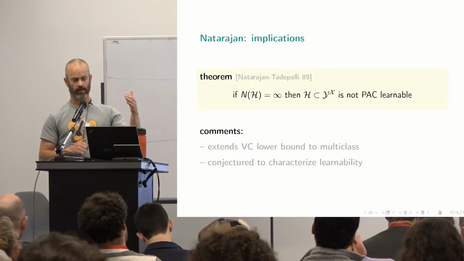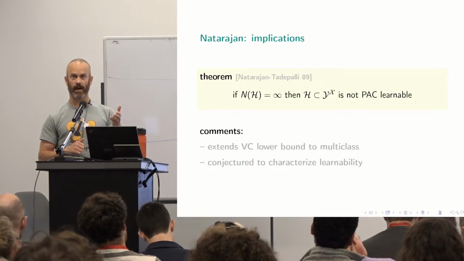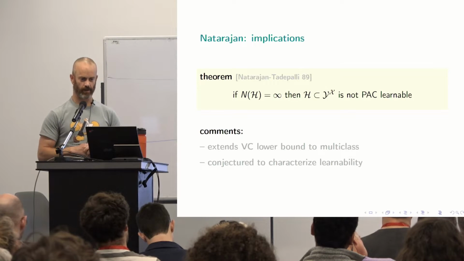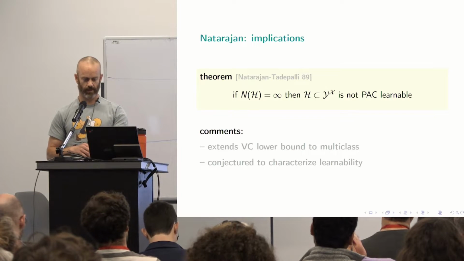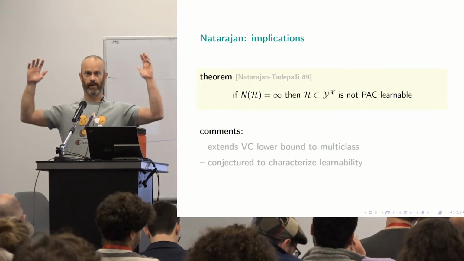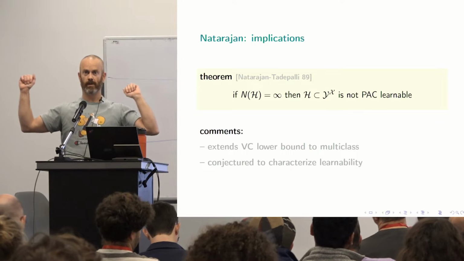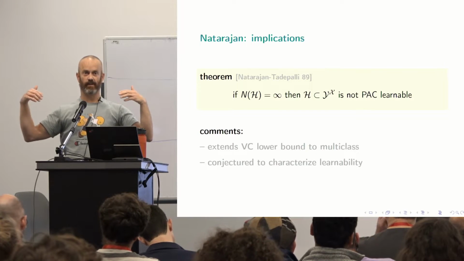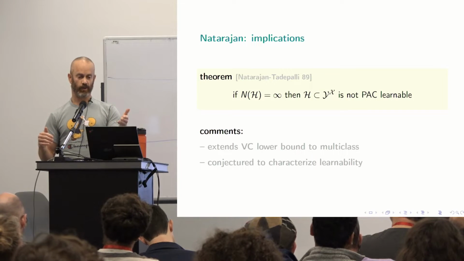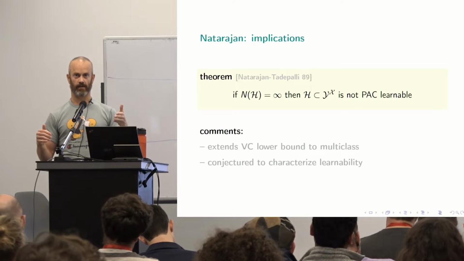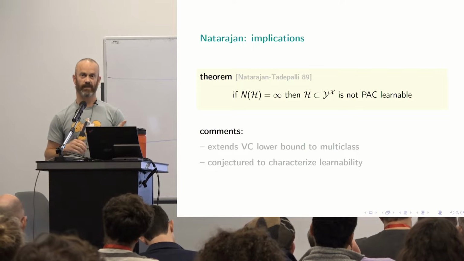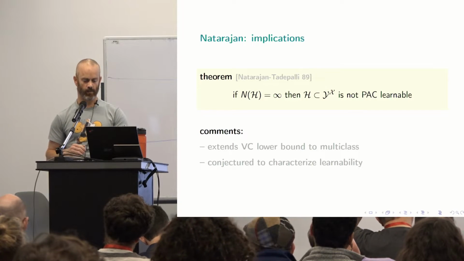In that paper and later on, it was conjectured to actually characterize PAC learnability. This was part of the reason to define this dimension. So again, in the multi-class setting with many outputs, there is a naive extension of the VC dimension, and it gives an impossibility. If it's infinite, the class is not learnable, but if it's finite, we don't know anything right now.